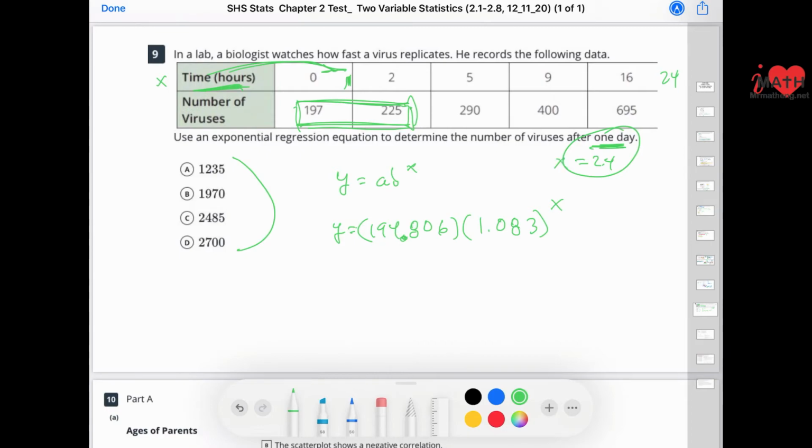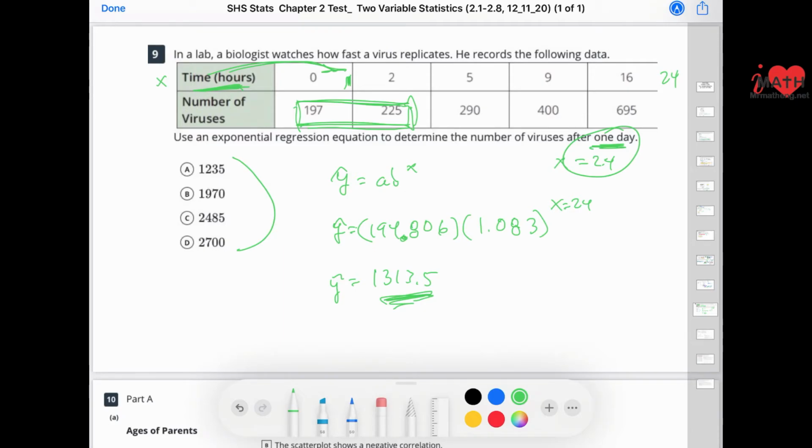X equals 24, so we're going to put in 24th power. And if I do that, my prediction is going to be 1313.5.